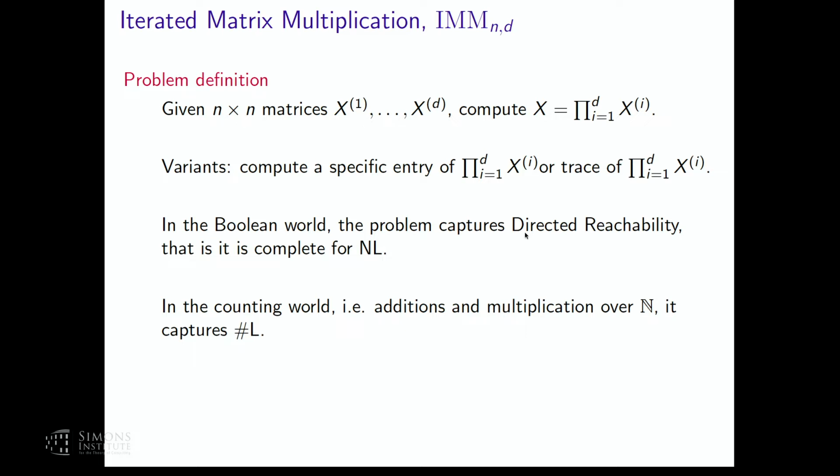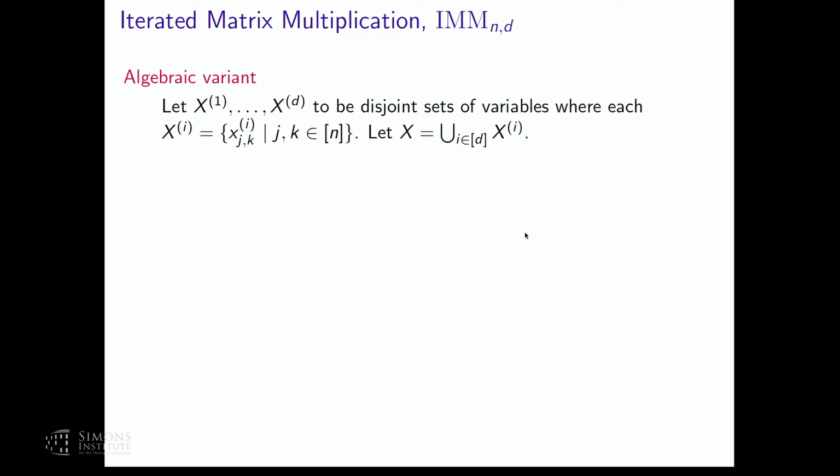In the arithmetic world, the variant that we will study consists of, you think of these matrices as consisting of formal variables, and now one defines a matrix over these formal variables. Every matrix has support coming from disjoint sets, and these sets are naturally mapped to the matrices.